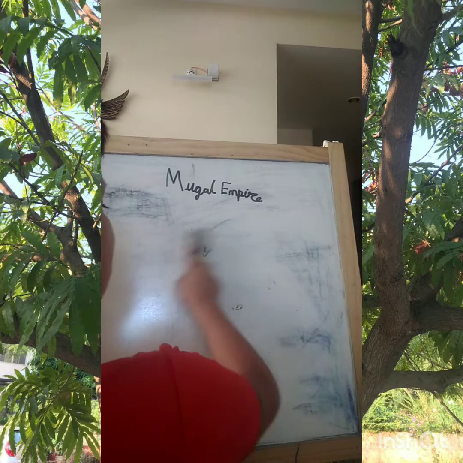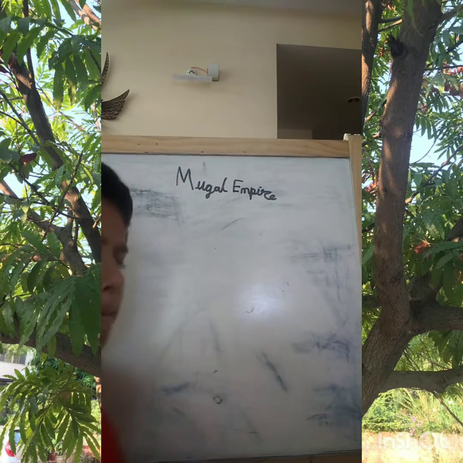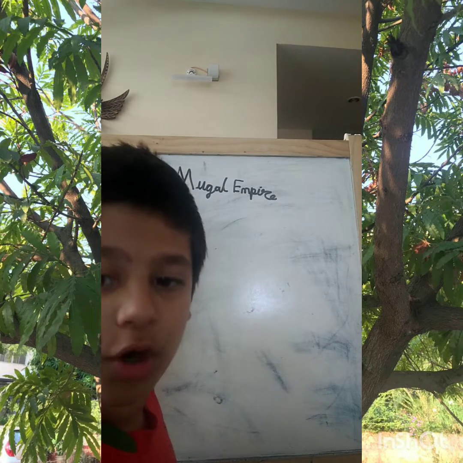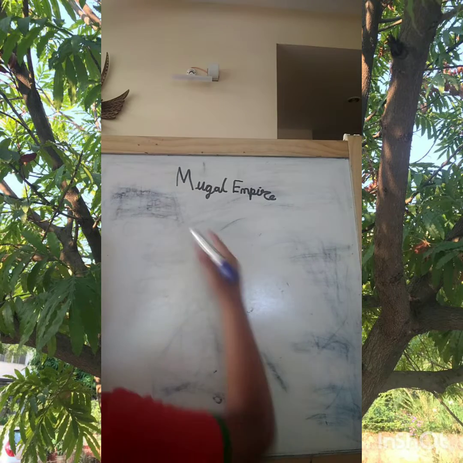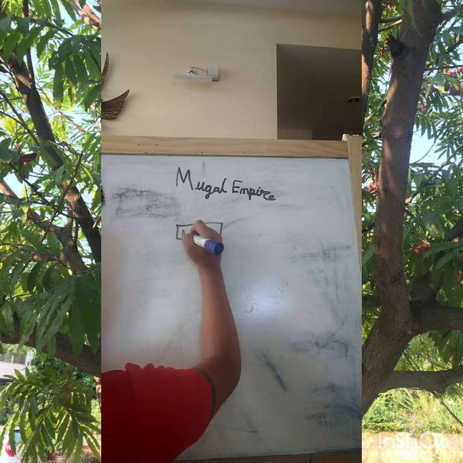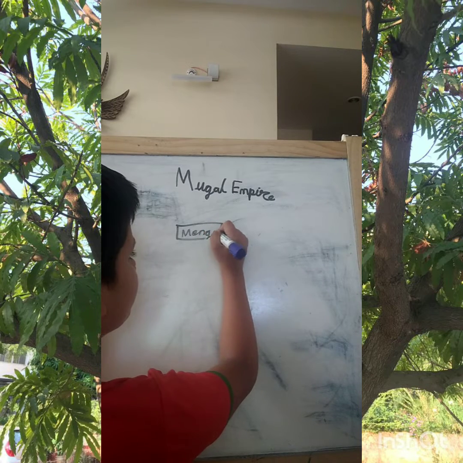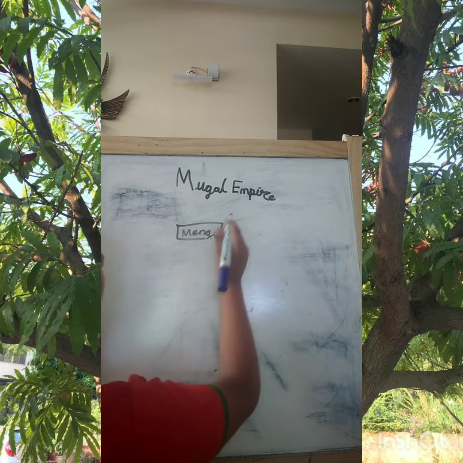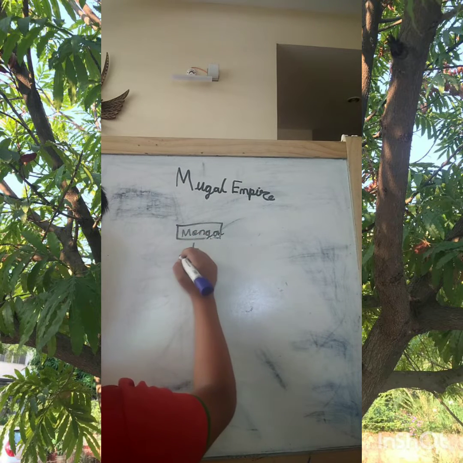The first emperor of the Mughal was Babur, the great emperor. So Babur was a general of the great Mongol Empire. So this is the Mongol, and in Mongol there is Genghis Khan.